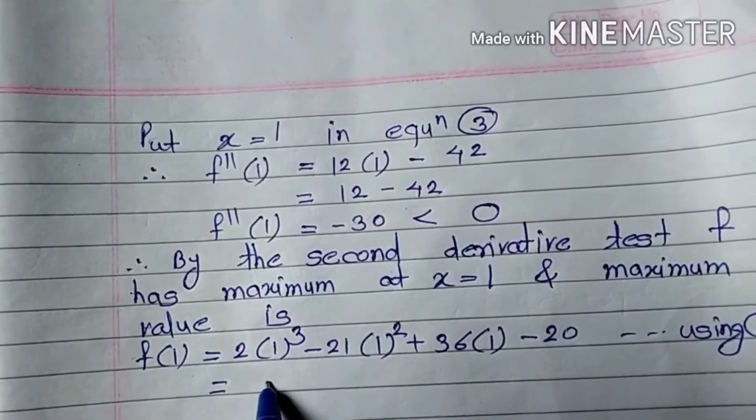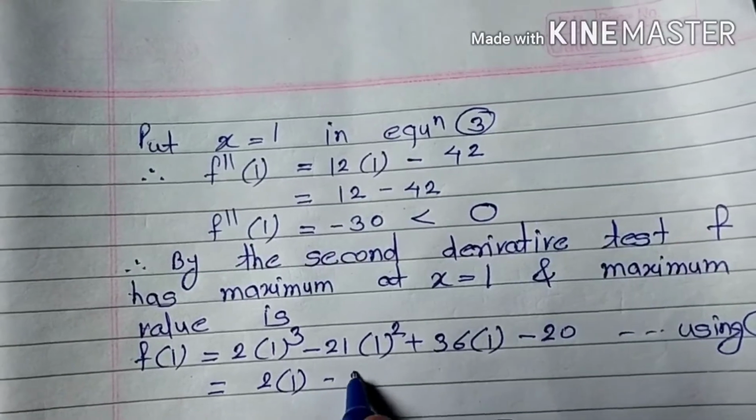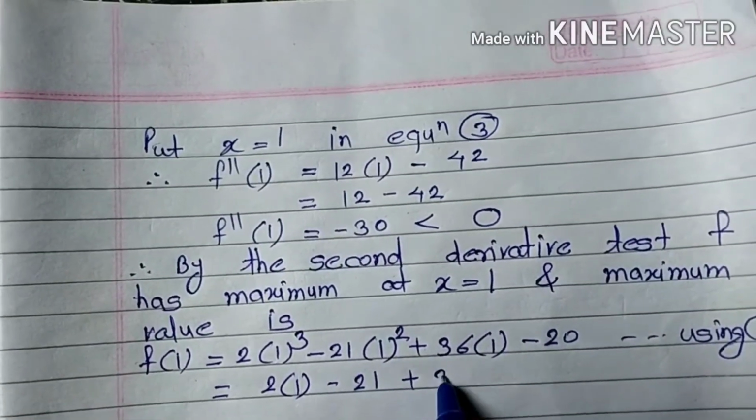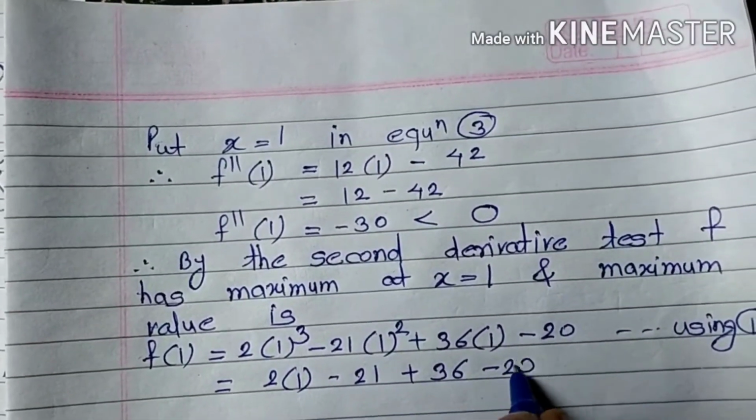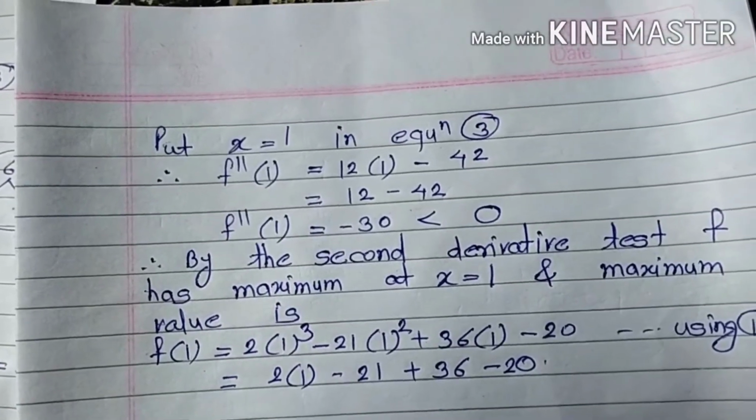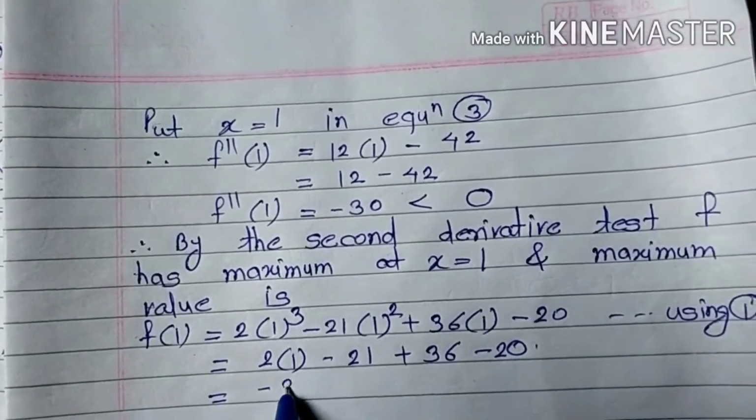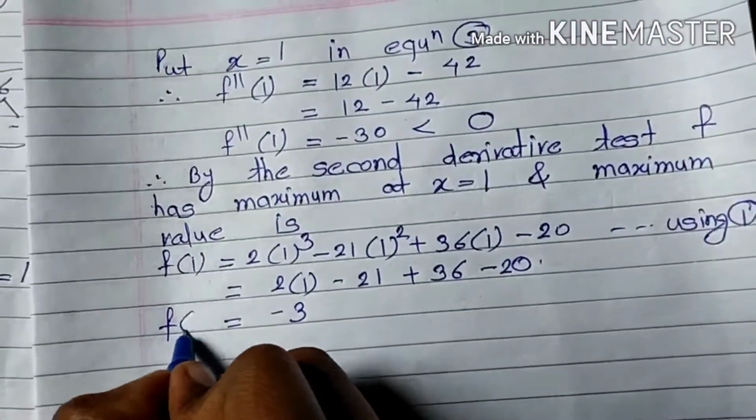So it will become 2 into 1 minus 21 plus 36 minus 20. So it will become minus 3 f of 1.